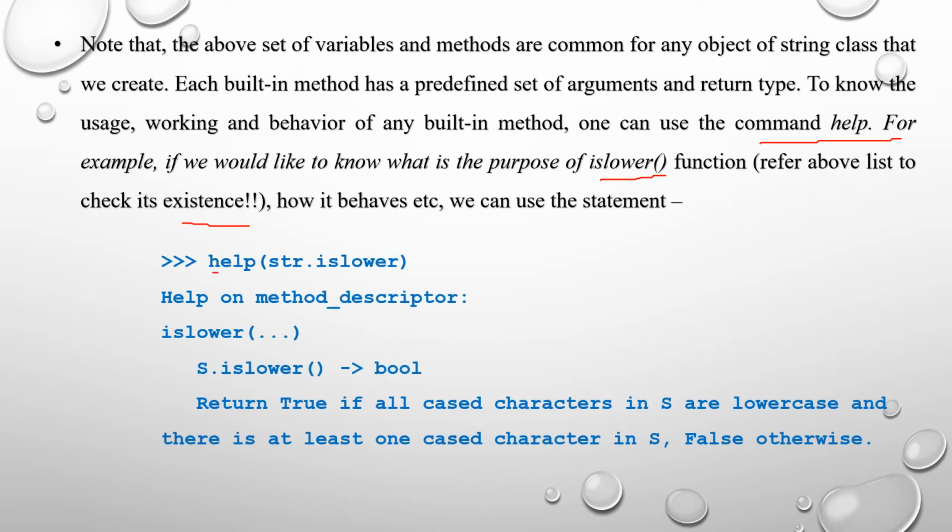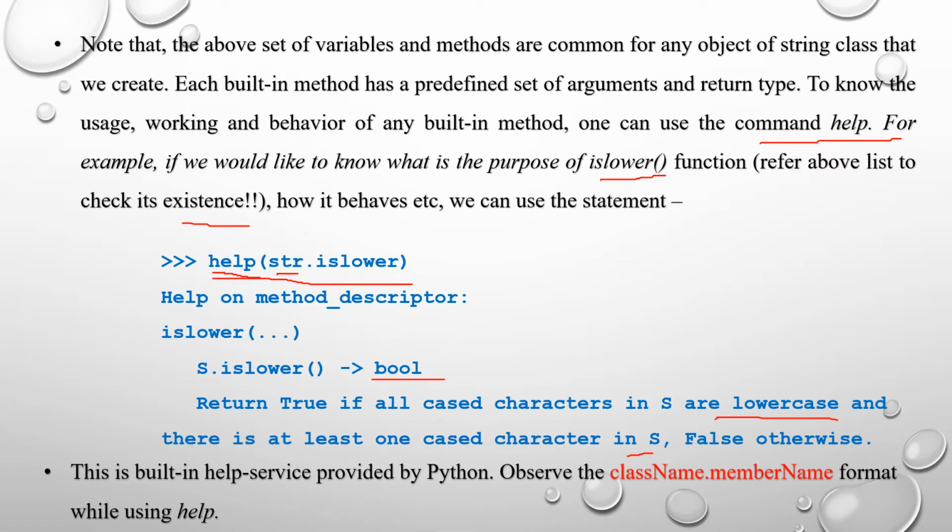We can use these statements. Here we type the command help of str.islower, the class name dot the built-in function name. This statement gives the method description. The interpreter will give str.islower, returning a bool: return True if all cased characters in s are lowercase and there is at least one cased character in s, otherwise it will return False.